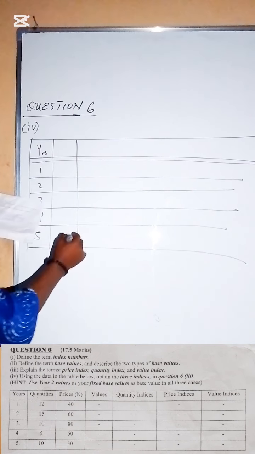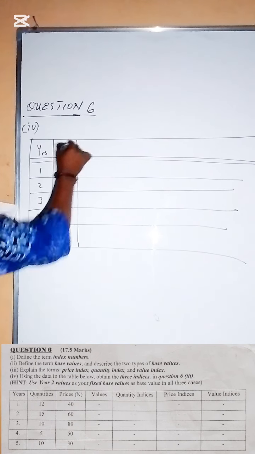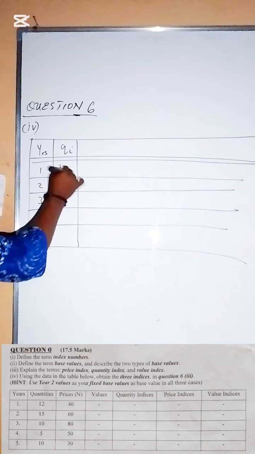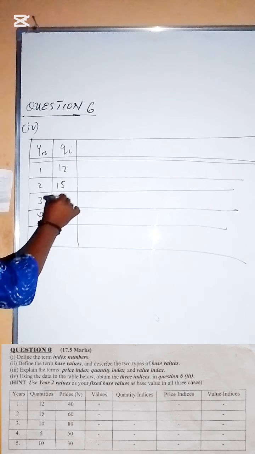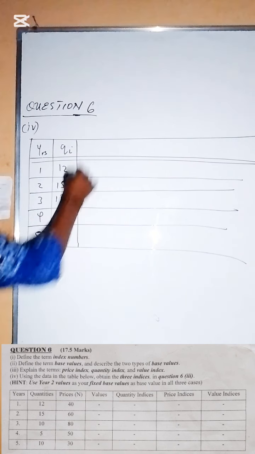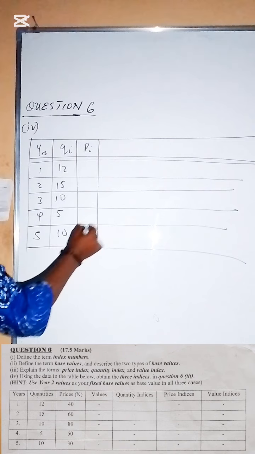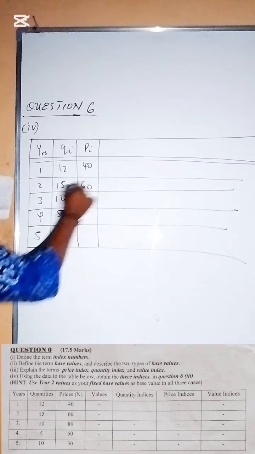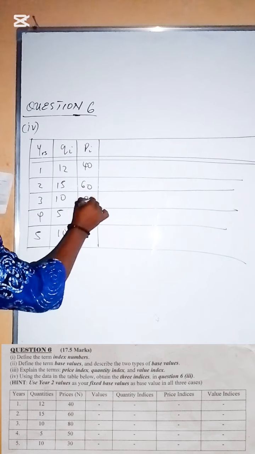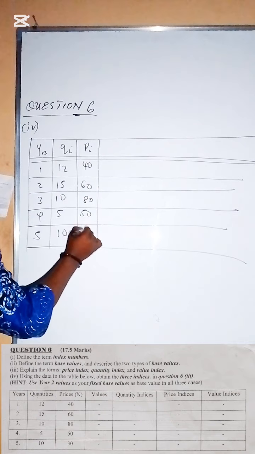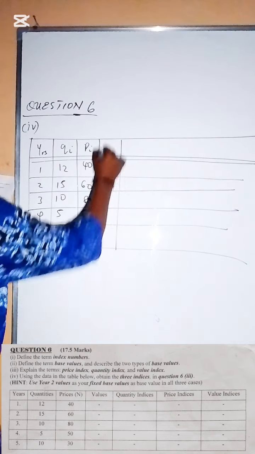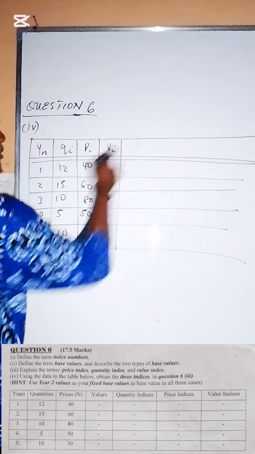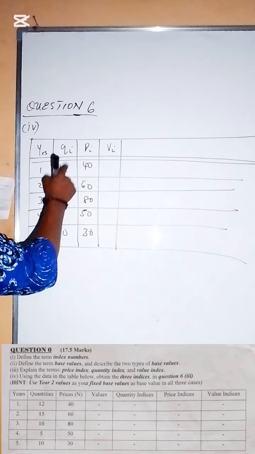Next, we have quantities, QI, given as 12, 15, 10, 5, 10. We have PI, prices, given as 40, 60, 80, 50, and 30.